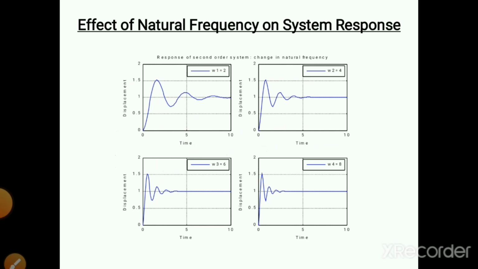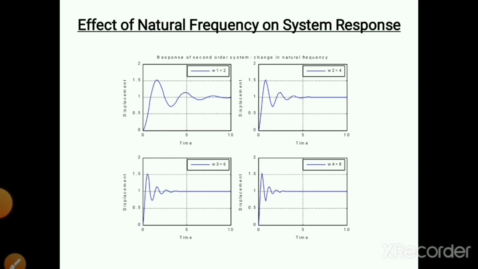Now here the effect of natural frequency on system response is shown. If you check the first graph, omega n is 2. What happens here? The system takes some peaks and then gets stable, but it takes a large time to get stable. In the second graph the frequency value is 4. In the third graph the frequency value is 6 and in the fourth graph the frequency value is 8.